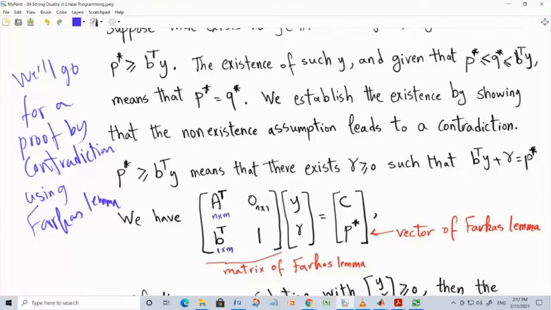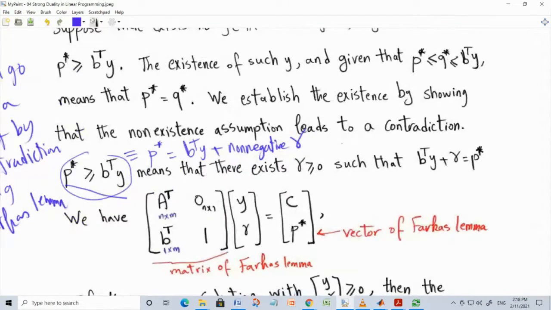Okay, so here is the idea. If there is a feasible Y such that B star is greater than or equal to B transpose Y, then this is equivalent to B star being equal to B transpose Y plus some non-negative gamma. Right?